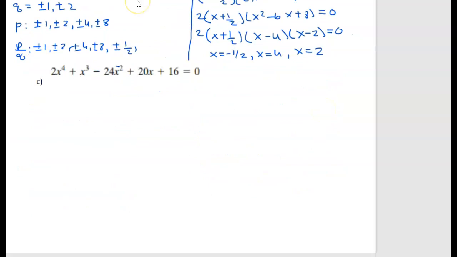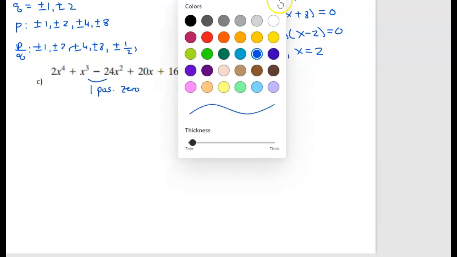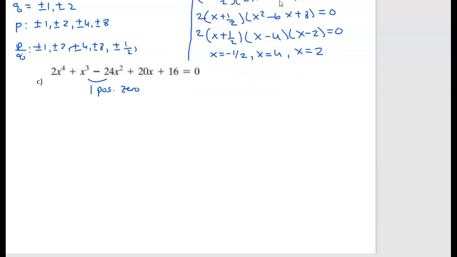Alright, let's do this one. Okay, so this one is x to the 4, which means we have 4 possible zeros. Let's count sign changes. 1 sign change. Okay, so we have 1 positive real zero. Let's plug in negative x.